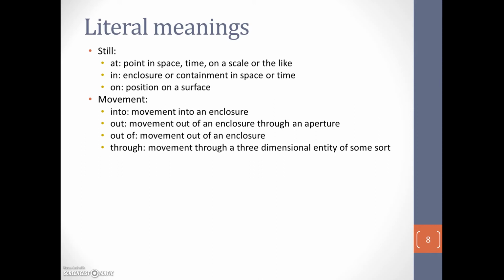Yeah? Or out. That indicates that there is a movement out of an enclosure through an opening. Okay, so aperture here means opening. We can also use out of, again, to indicate a movement out of some sort of enclosed space. And then finally through, obviously a sort of movement through a three-dimensional entity of some sort.